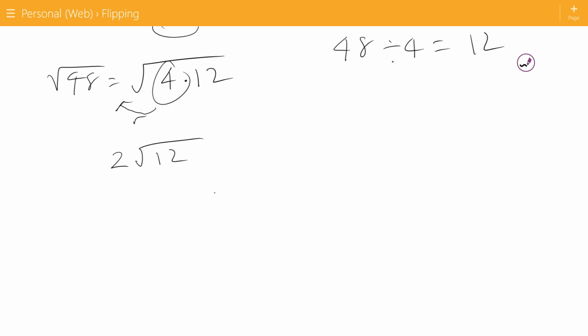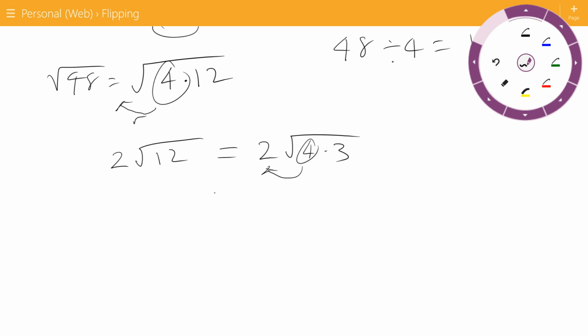Now 4 went into 48, and 4 also goes into 12. So we can break this down into 2 times the square root of 4 times 3. And again, it's a square, we can pull it out in front. Whatever I get is going to multiply times the 2.